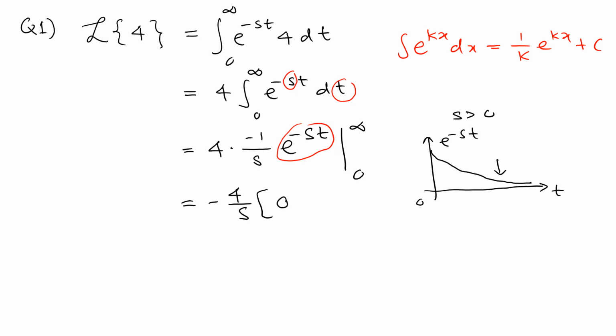And then when you plug in 0, we know that e to the 0 is 1, so you get negative 1. If you multiply through, you get 4 over s as the answer. So that is the Laplace transform of 4, under the condition that s is positive. We assume that s is positive. Okay, so let's look at the next one.